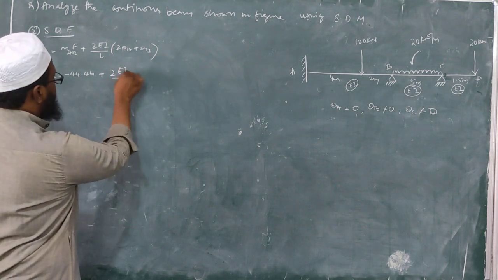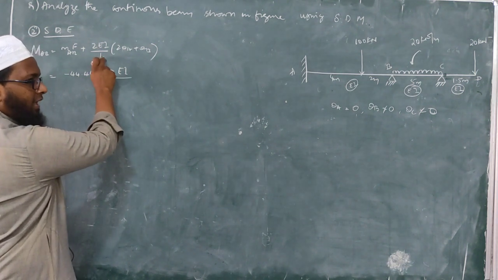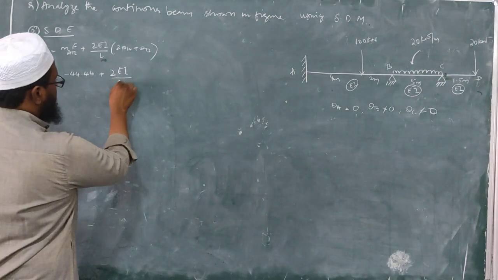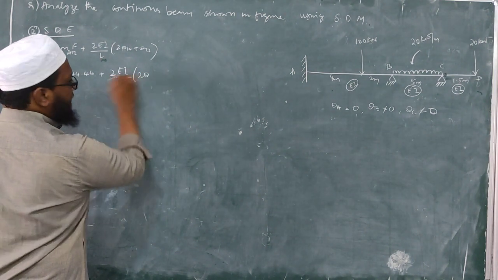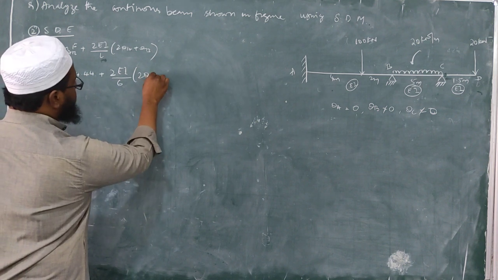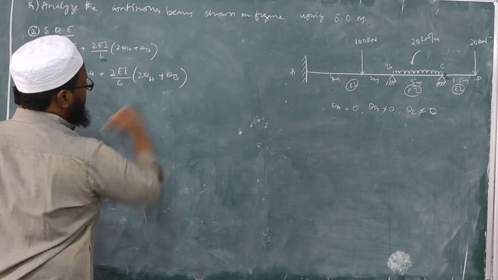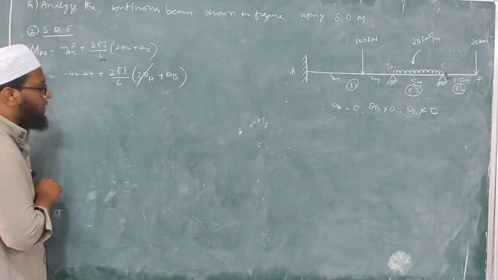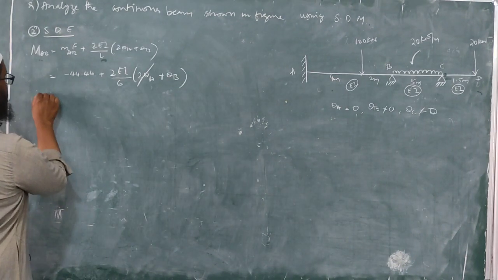So EI by L, where L is the span of AB. How much? 6 meters. 2 theta A plus theta B. Here in this case, theta A is 0. So what will happen to the equation?